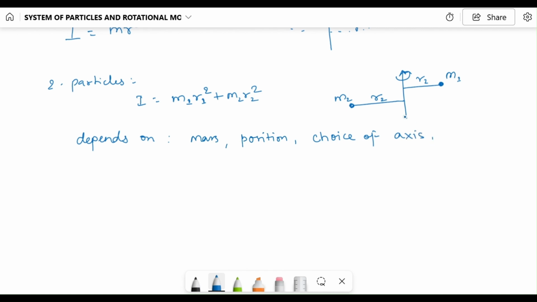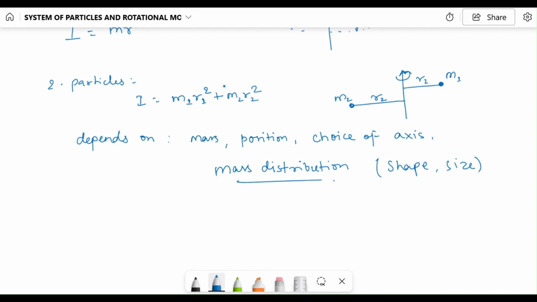And as it depends on position, it is also going to depend on mass distribution, how these masses are distributed. Now, if we have a rigid body or simply an extended body, shape and size are also going to play a role in the moment of inertia, and mass distribution we have already discussed.